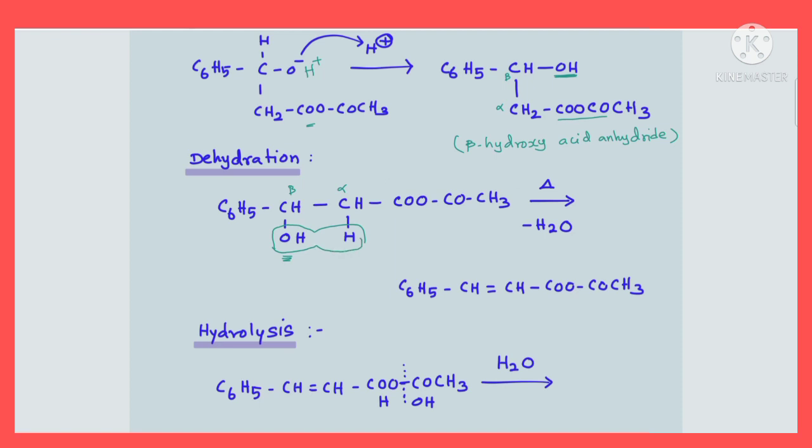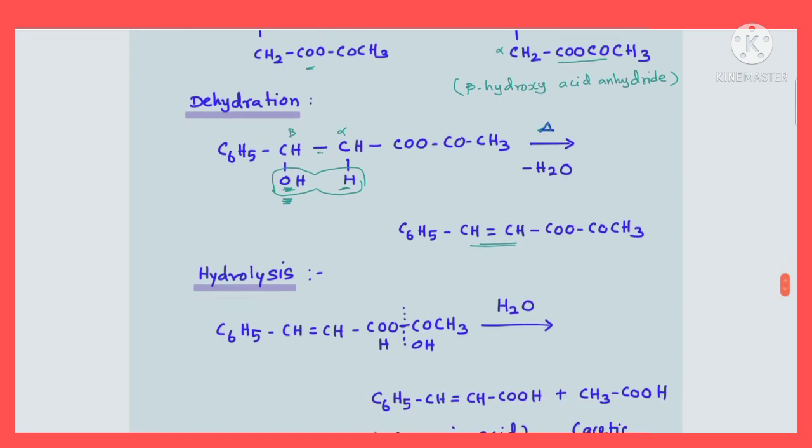So this compound on heating loses water, giving an alpha beta unsaturated acid anhydride. Here after removal of OH and H as water, a new bond is formed over here. You are getting CH double bond CH, alpha beta unsaturation. Actually this is called an alpha beta unsaturated acid anhydride.